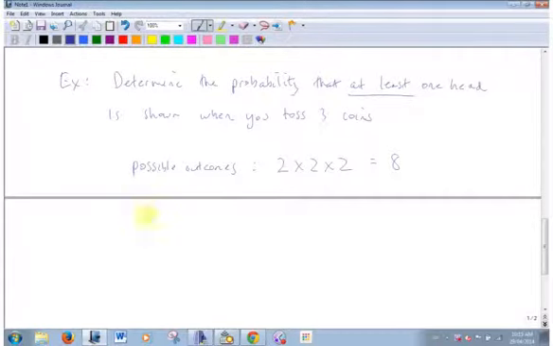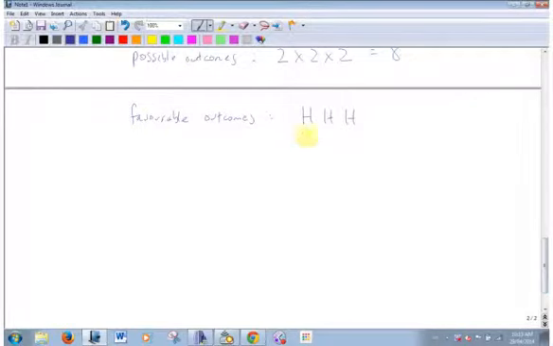Now, at least one head. I think it's worthwhile writing this out. Favorable outcomes, at least one head. Well, I could have a head for my 3 coins, for first, second, third, right? Maybe I get 2 heads and a tail. That's at least a head.